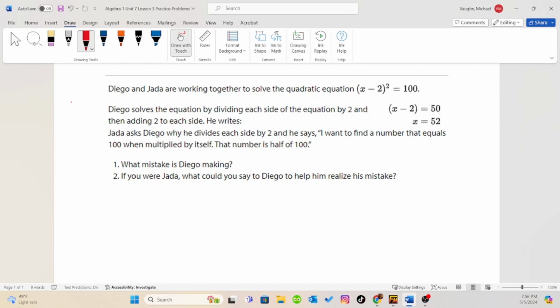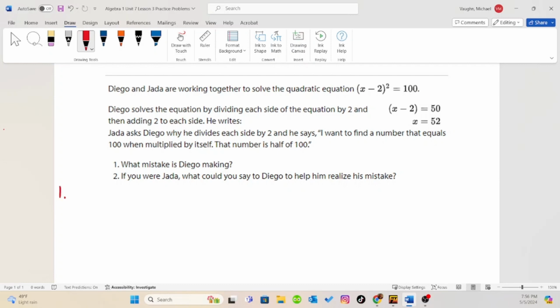So the problem is that Diego divided by 2 instead of taking the square root. The opposite of squaring on the left is not dividing by 2. The opposite of squaring is taking the square root.